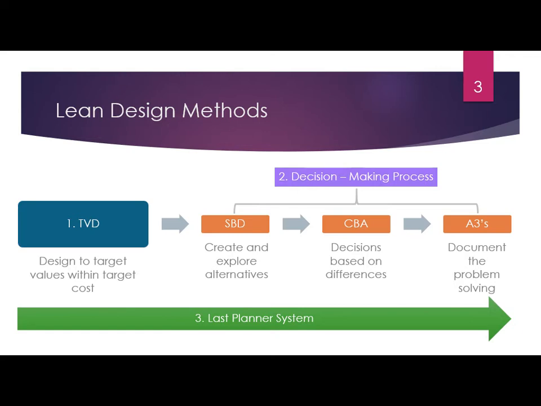We were using set-based design, exploring alternatives, keeping those options open, and identifying the last responsible moment to make those decisions. That was in coordination with the Last Planner System, which informs us when we need to make those decisions and who needs to be involved. And then we use CVA, choosing by advantages, to help the team have conversations to understand the rationale for the decisions. And we use A3s to document the problem solving.